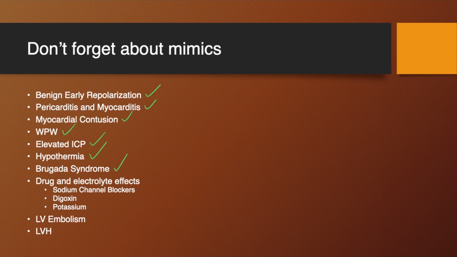Brugada syndrome, which is a genetic sodium channelopathy, can cause ST changes. Many drug and electrolyte effects can impact the ST segment, such as sodium channel blocker toxicity. It actually looks a lot like Brugada syndrome. Digoxin effect, hyperkalemia, left ventricular aneurysms, and even left ventricular hypertrophy can cause ST changes.